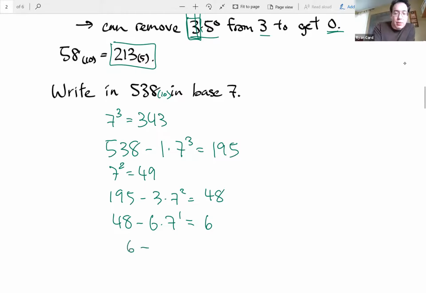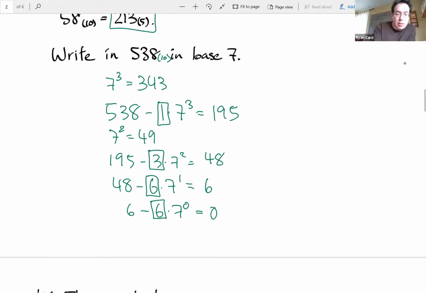And you can take out 6 copies of 1, you get 0. So we write down how many copies of each power we subtracted. So 1, 3, 6, 6. So this means 538 in base 10, written in base 7, is going to be 1, 3, 6, 6.